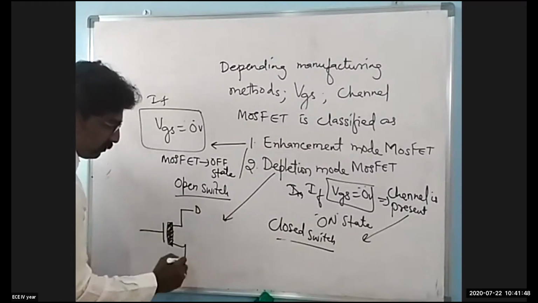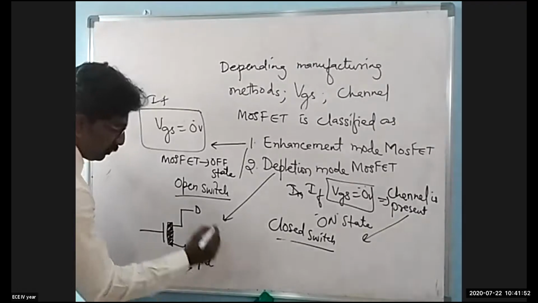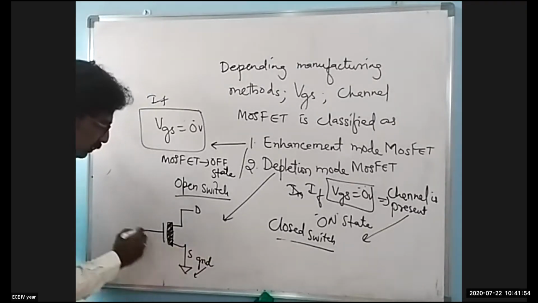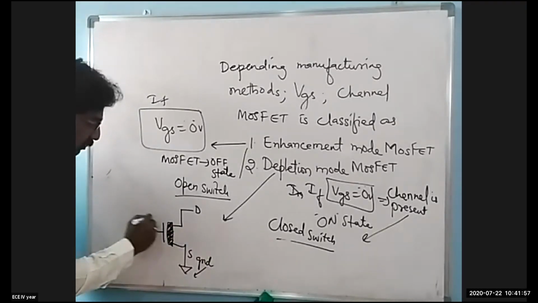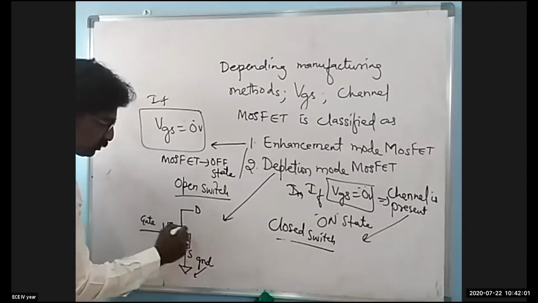This is the drain. This is the source, the ground terminal, and this is the gate terminal. The source is connected, so the substrate is connected over here.